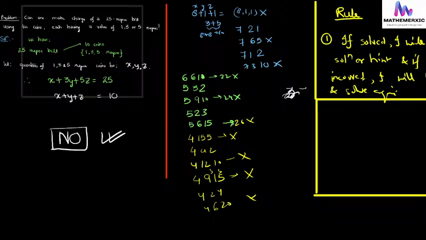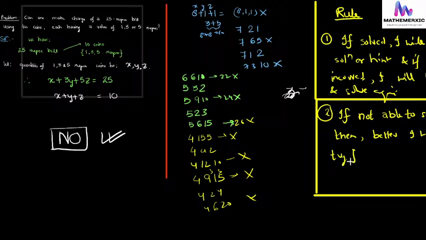The second rule can be, if not able to solve, then I will try for three times. Okay, I'll try for three times.